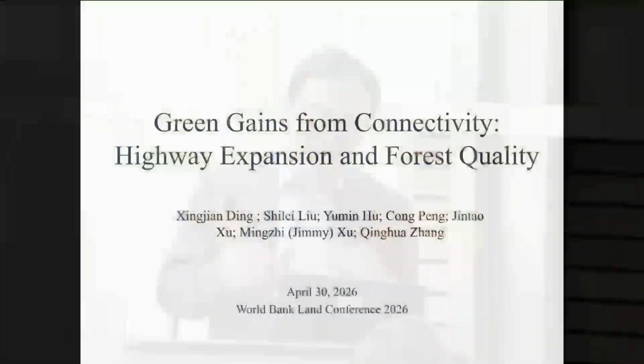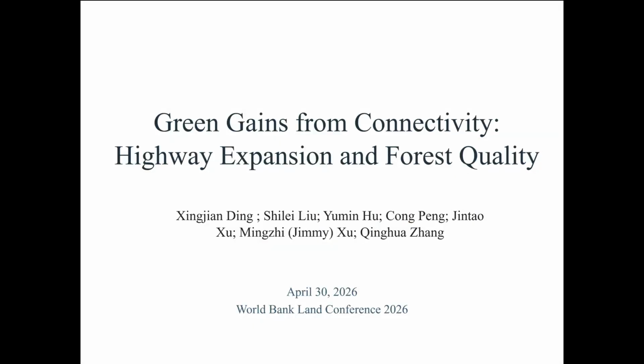But in the meantime, along with economic growth, we also see a lot of expansion of infrastructure, such as highways, airports, urban expansion. To explain forest growth, I personally think it's mostly because of collective forest tenure reform. We decentralized collectively owned forest from collective management to individual management.